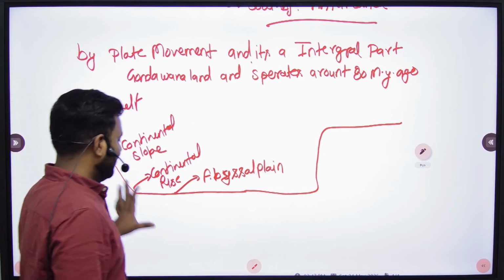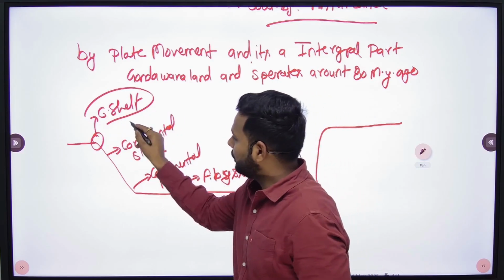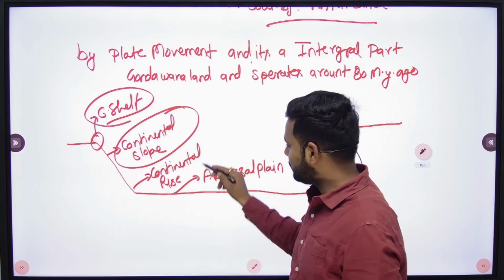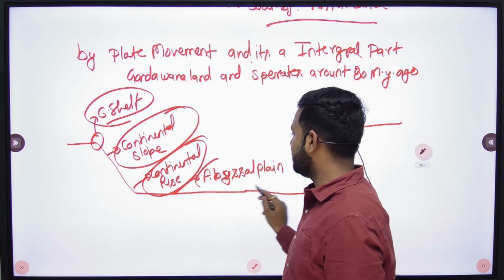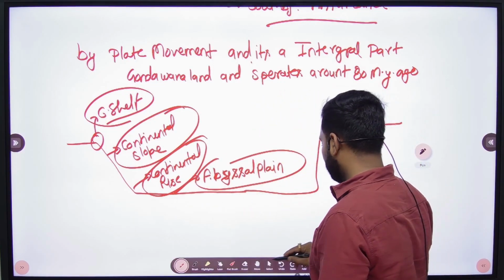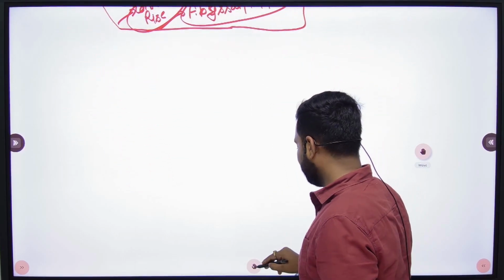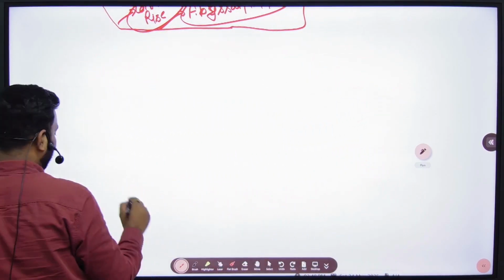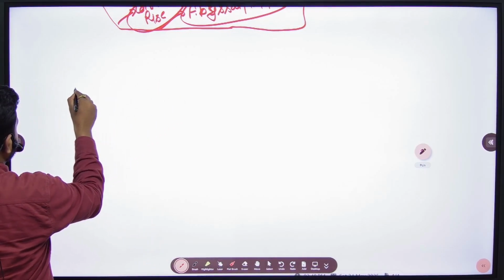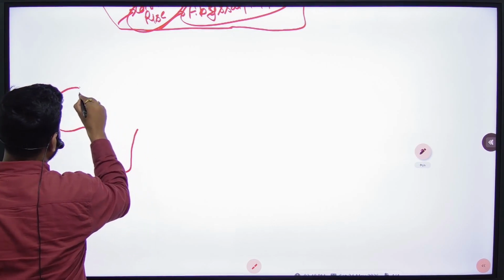So in this question we have to talk about the continental shelf, the continental slope, the continental rise, and the abyssal plain. Okay, now we are going to put down some facts about the ocean bottom with the help of a map.